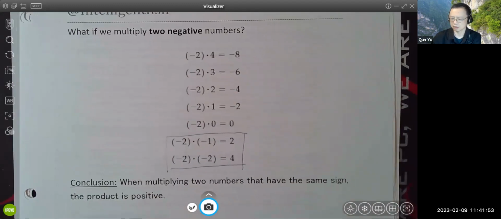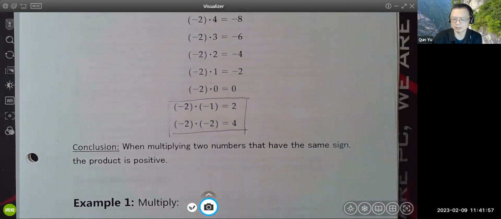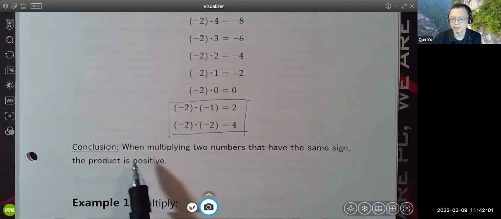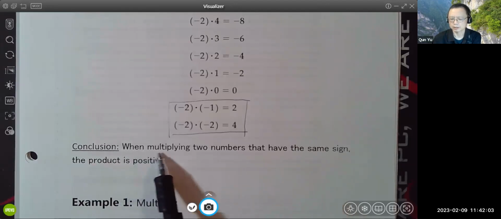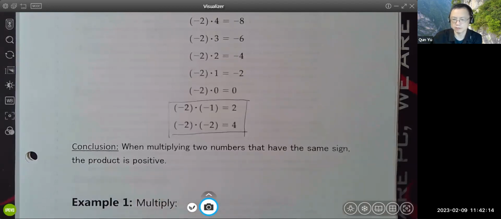So this is our conclusion regarding multiplying two numbers with the same sign, no matter whether both numbers are positive or negative. When multiplying two numbers that have the same sign, that means both positive or both negative, the product is positive. So that's our conclusion.